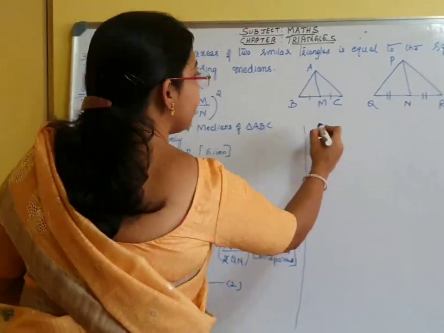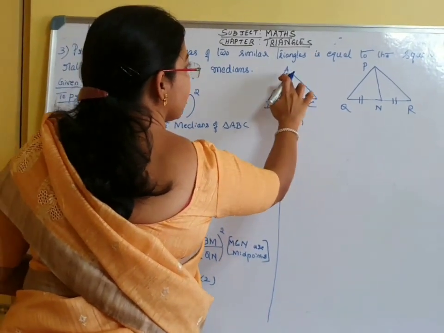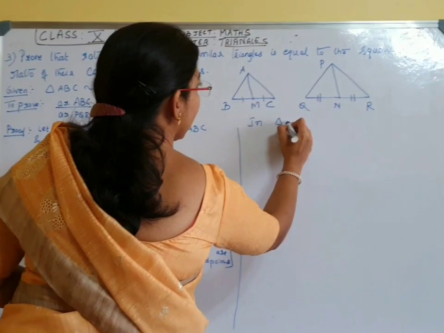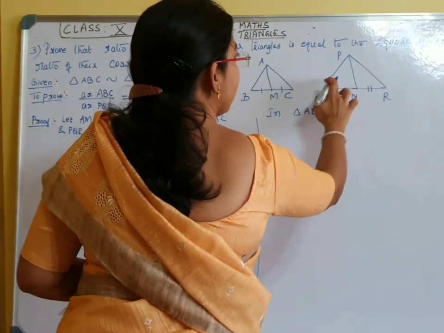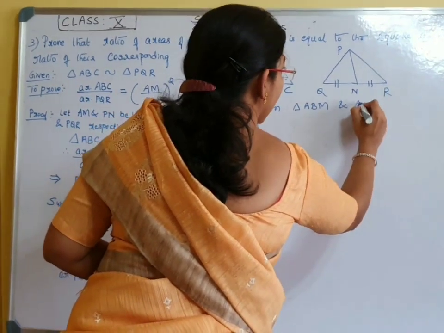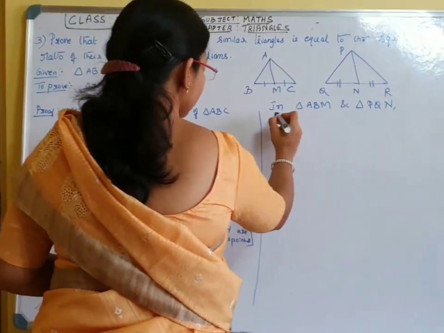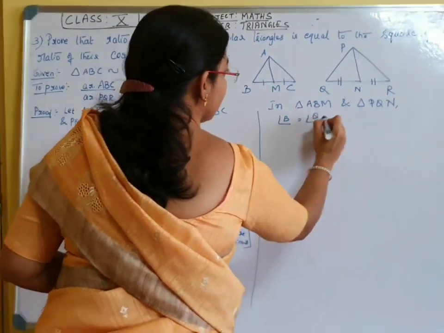Now we will consider the triangles formed by the medians. In triangle ABM and triangle PQN, angle B is equal to angle Q. Why?